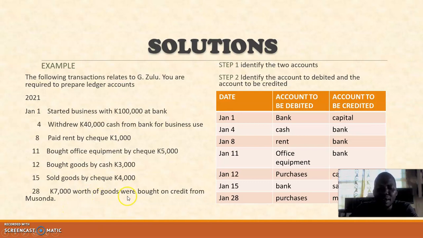The two accounts involved here are purchases, because goods were bought, and Musonda's account. So purchases is going to be debited while Musonda's account is going to be credited.